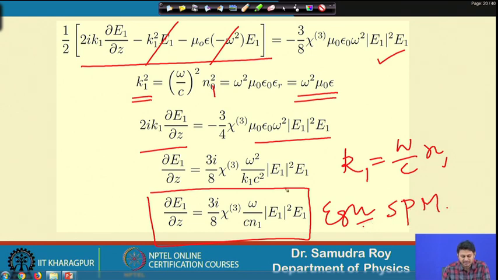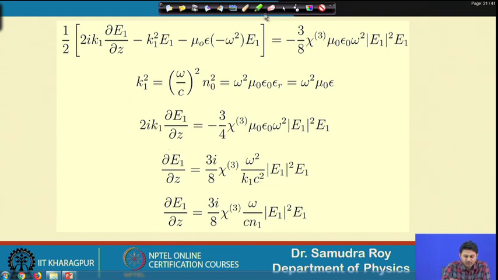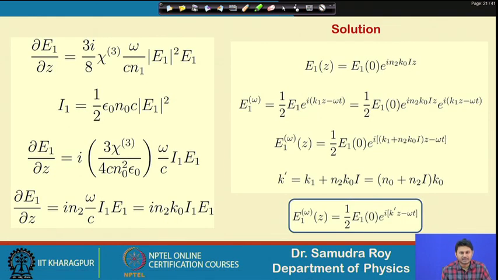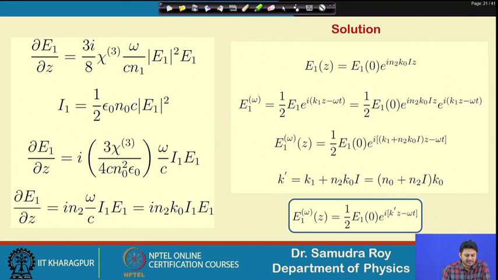So, this equation suggests that a field amplitude E1 will evolve, and in the right hand side all the terms are E1. So, that means the field is going to evolve and this evolution will not depend on any other field. So, E1 will evolve by itself. If I want to write these things in terms of intensity, we can always write this.